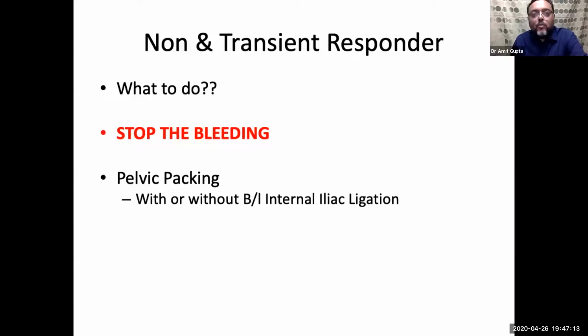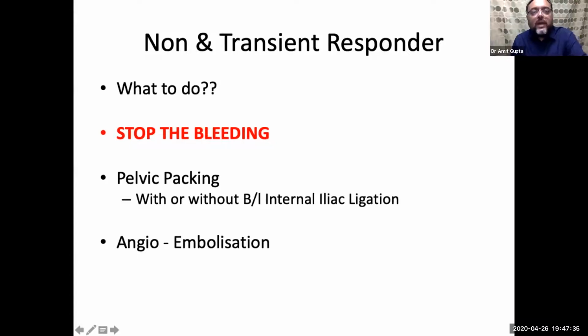So we do, at the trauma center at AIIMS, bilateral internal iliac ligation very liberally. By liberally, I mean those patients who remain unstable despite repeated blood transfusions, they are going into extremis, and we don't have any other option but to ligate the internal iliac arteries.